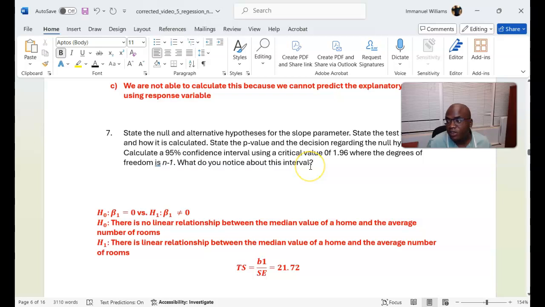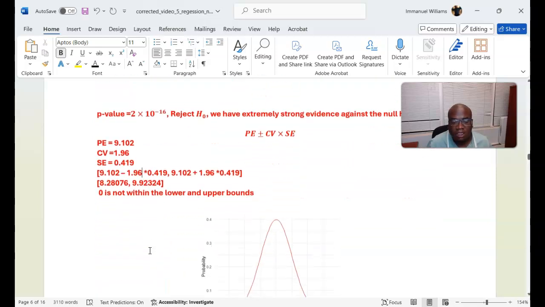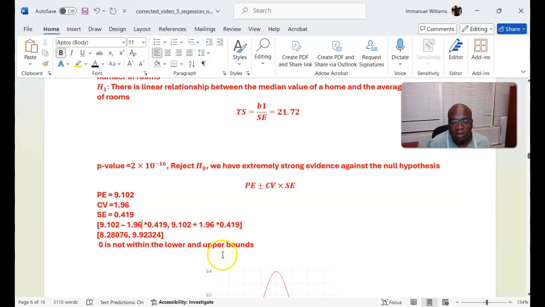What do you notice about this interval? It doesn't include 0. The 0 is not included, meaning that based on the data, it's not plausible that the slope is 0. It's not plausible that the slope can be equal to 0 based on the data, which agrees with the null hypothesis.